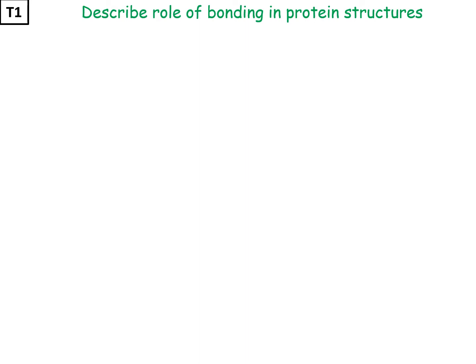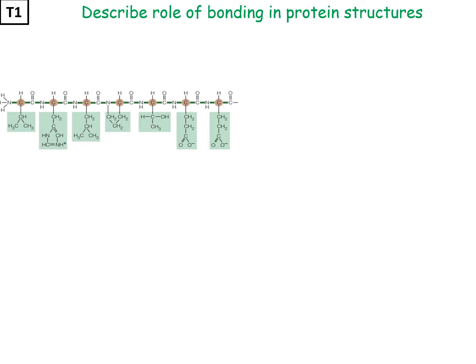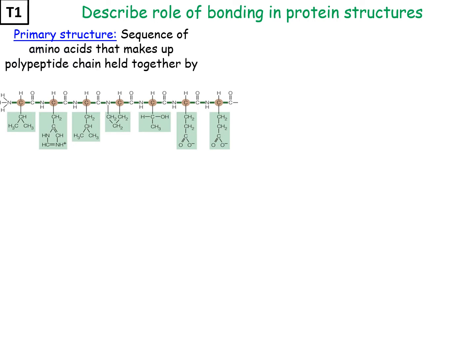Describe the role of bonding in protein structures. So here's the example we saw earlier with amino acids bonded to each other to form peptide bonds in a condensation reaction. This is known as the primary structure, which is just a sequence of amino acids that makes up the polypeptide chain, and they're held together by peptide bonds.